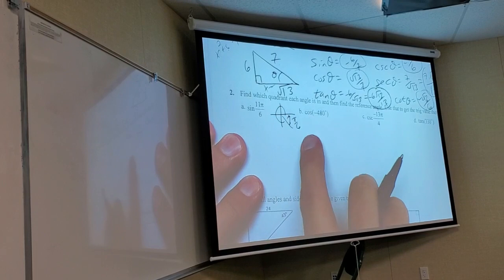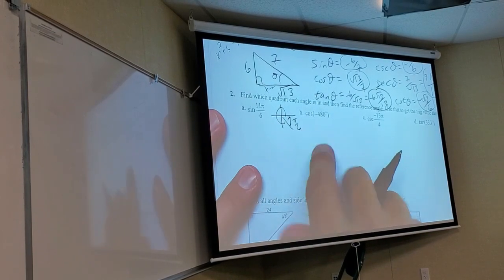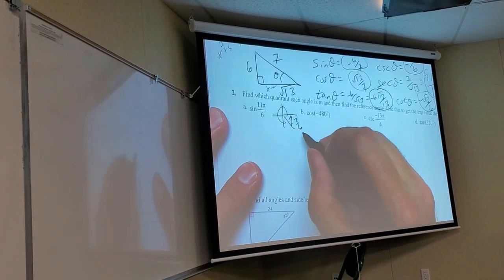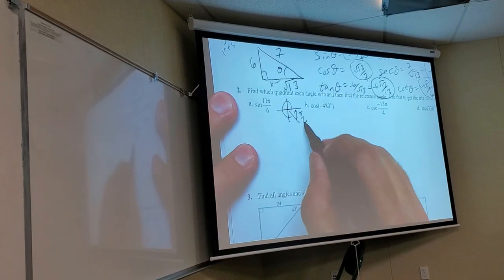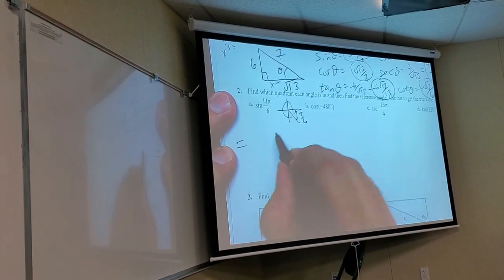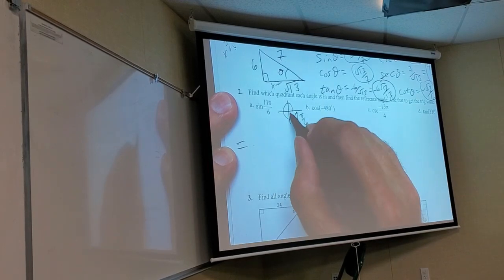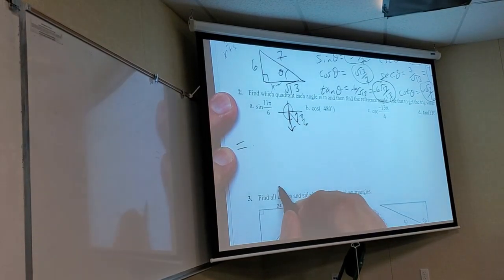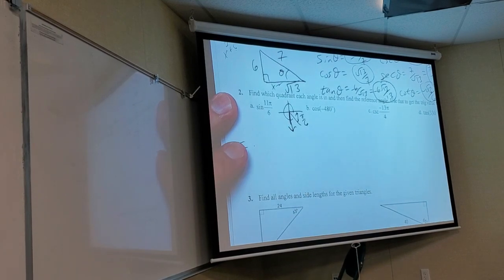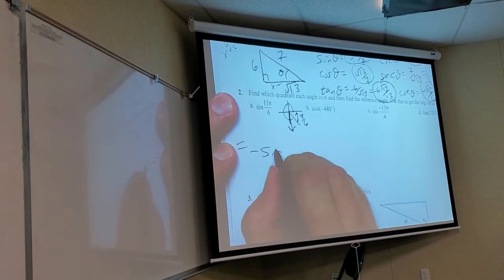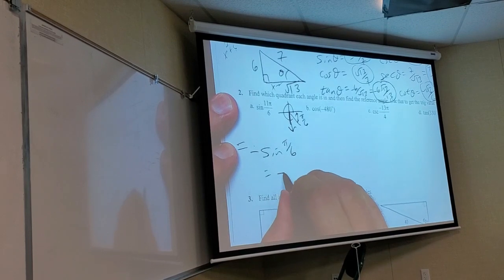So 11 pi over 6 stops short at 12 pi over 6, which would have been 2 pi. So I know I'm in the fourth quadrant. I know my reference angle is pi over 6. So is sine negative or positive here? Negative, because the y is down, right? So it's negative sine of pi over 6. And sine of pi over 6 you have to have memorized.